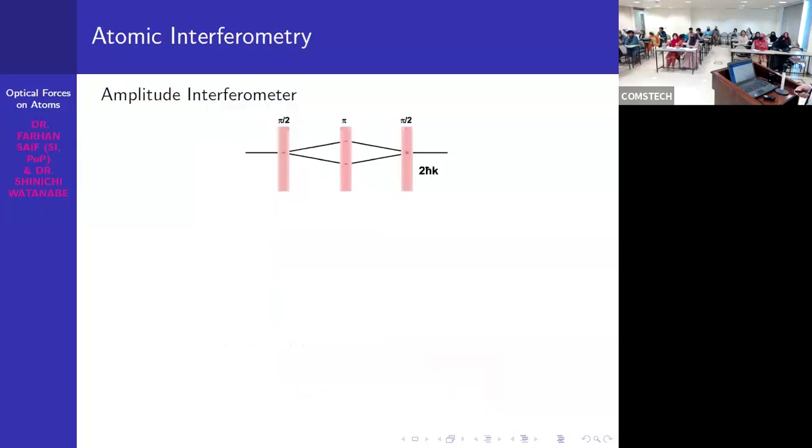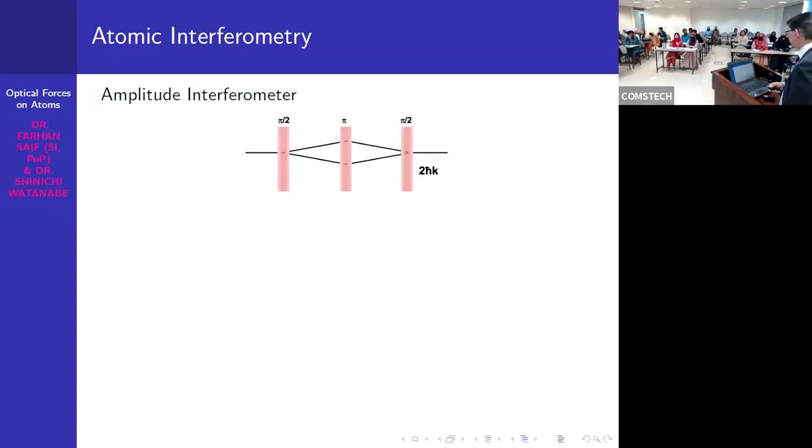Now, this particular scattering is very useful in making interferometers. This is a Mach-Zehnder interferometer, which is obtained with the help of atoms. We have atoms with an optical surface or optical diffraction grating right here, and then they perform the Bragg scattering, and we apply another diffraction grating for another time of interaction.